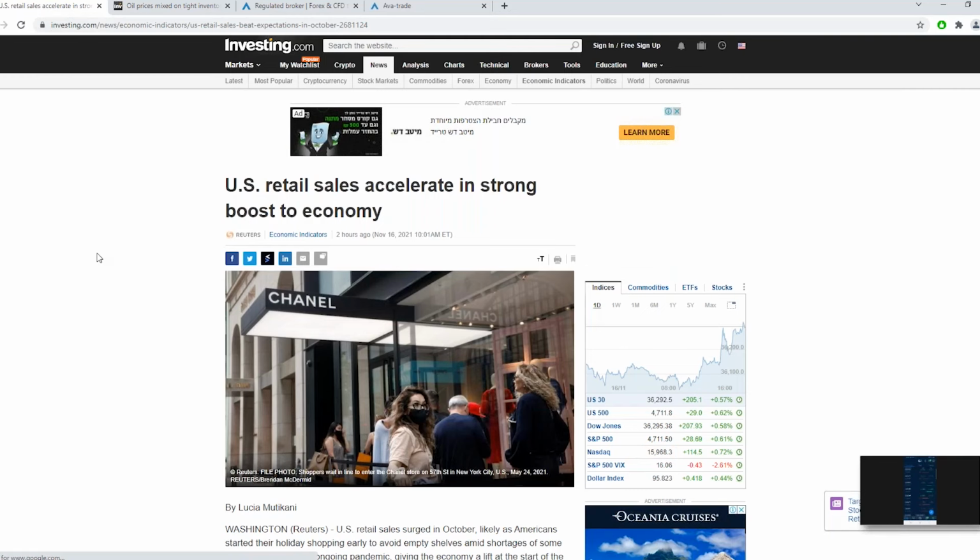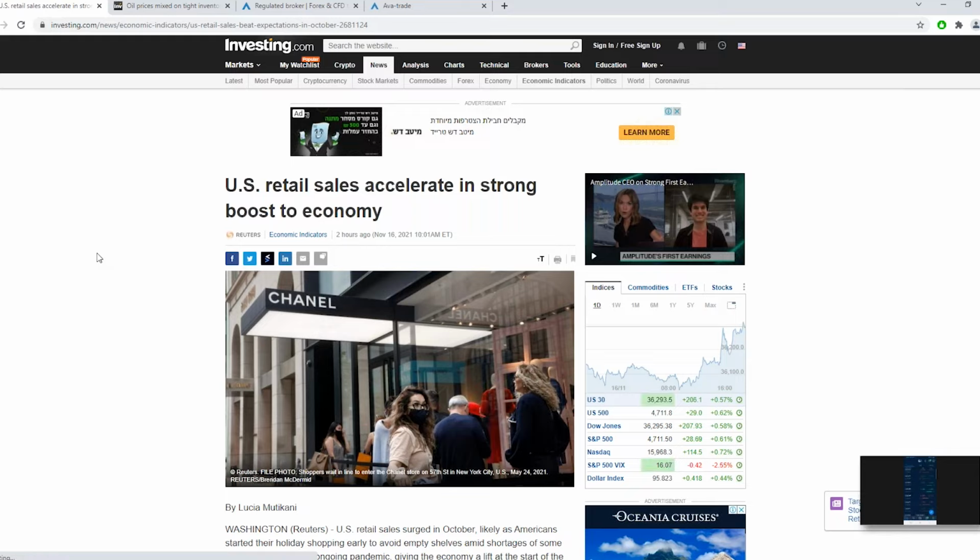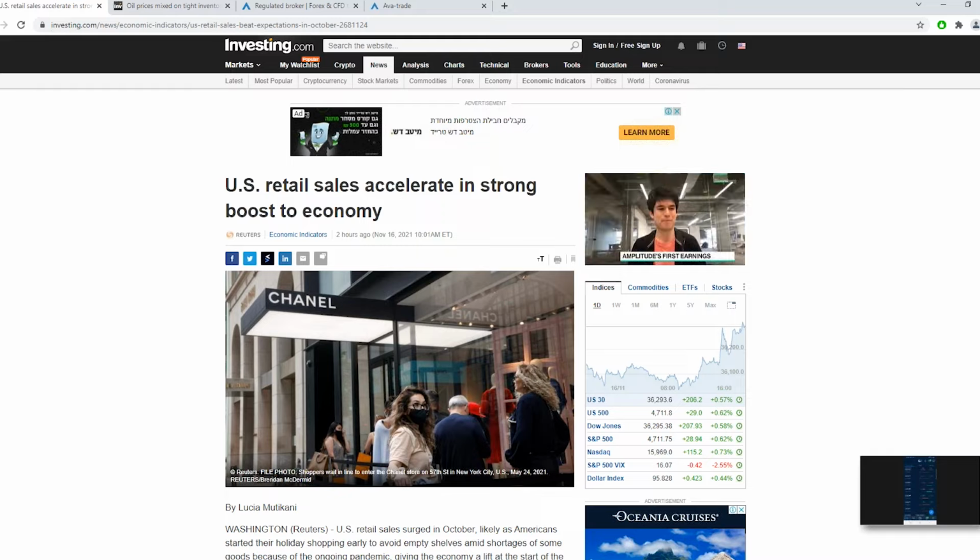Real quick, I like to look at the headlines to get an idea before we get into a trading strategy, get an idea of which way is the wind blowing. Even if it's a technical analysis strategy that we're using, it's nice to get an idea for the sentiment for the day from the fundamental news situation. And so we see positive sentiment today in the headlines. U.S. retail sales accelerate in strong boost to economy. That triggered the markets to be green all day.